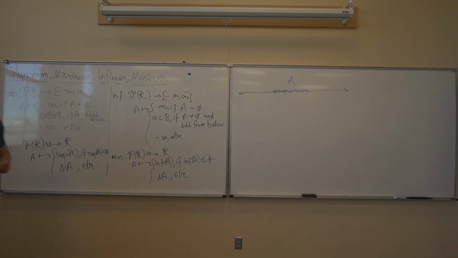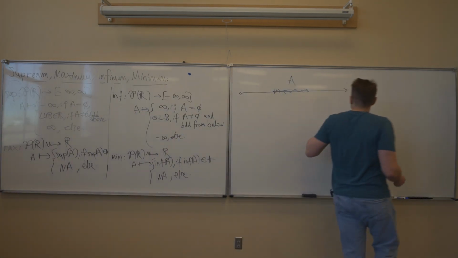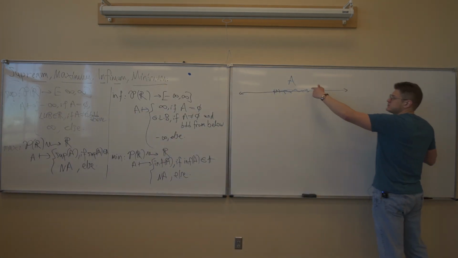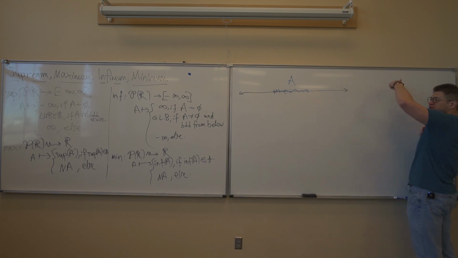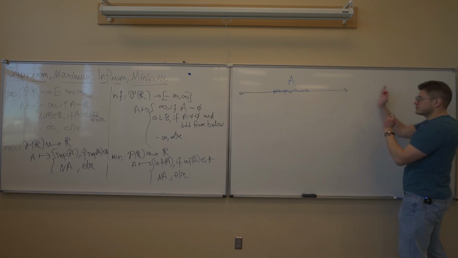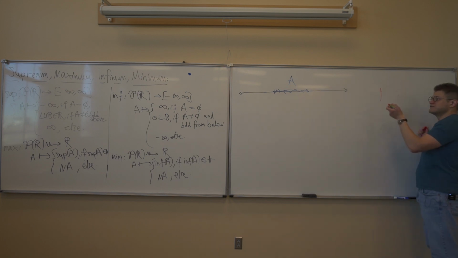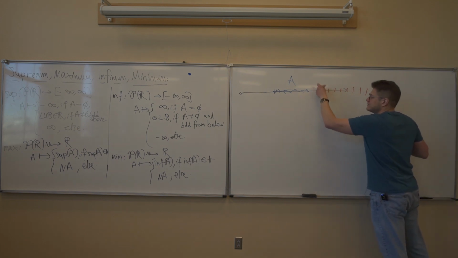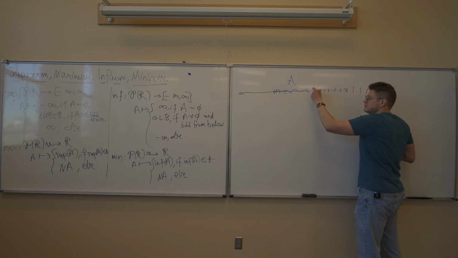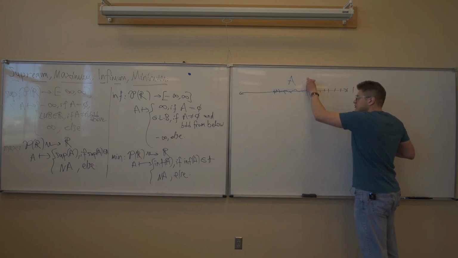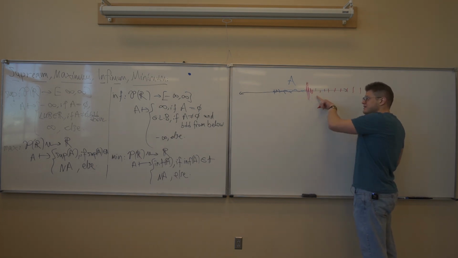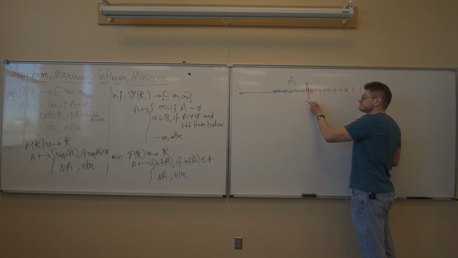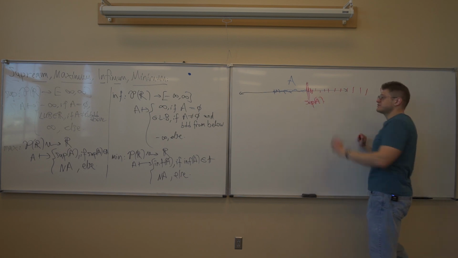So I'm trying to upper bound this A. If A is unbounded, in other words, if you have a bunch of points in A that go to infinity, well, you cannot clamp it any further. So you have to be at infinity. But if it is bounded, that means you can pull it back all the way to here and so on. And then sup of A is the best clamp. It's the optimal upper bound. Okay, that's how I think about it.